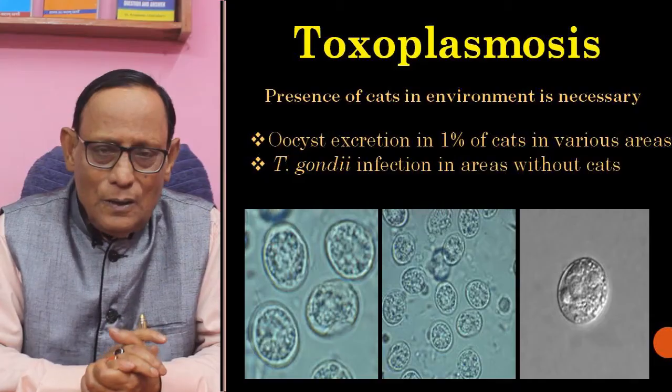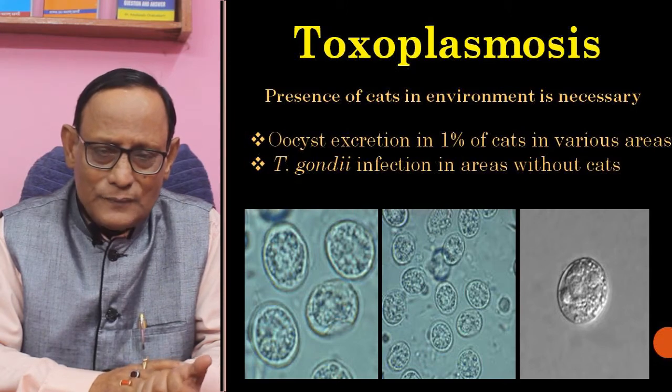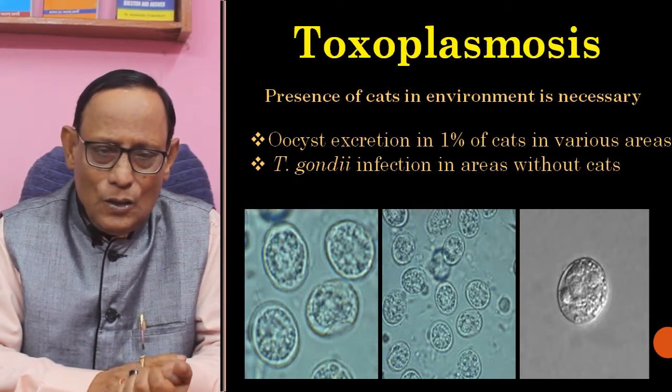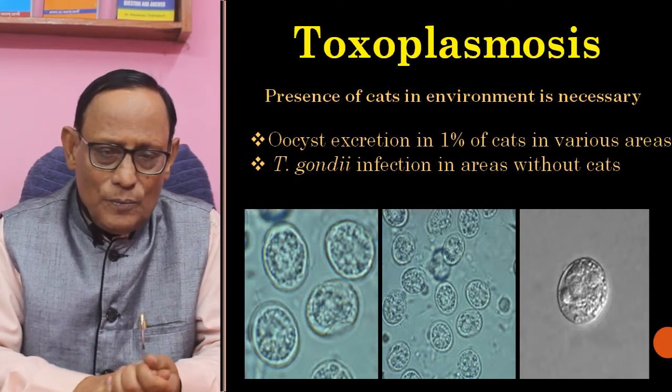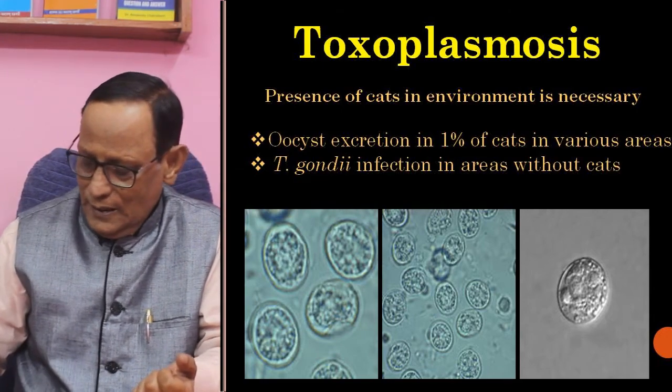Then I go for another parasite, protozoa, that is Toxoplasma, and this is present in the environment. Oocyst excretion in 1% of cats in various areas, and Toxoplasma gondii infection in areas without cats.